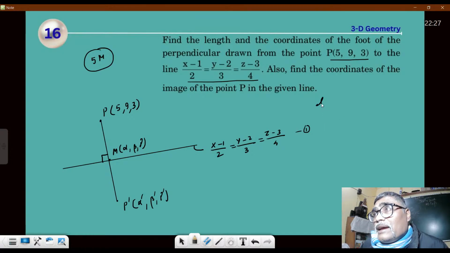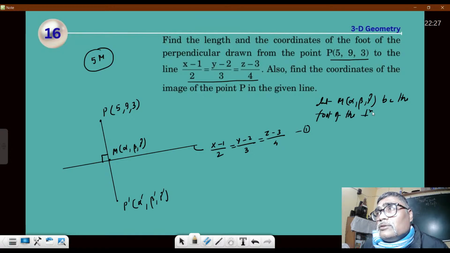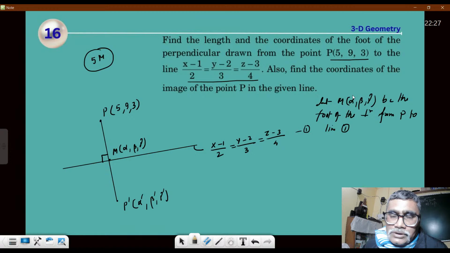Let M (alpha, beta, gamma) be the foot of the perpendicular from P to line 1. Okay, fine. This is done.